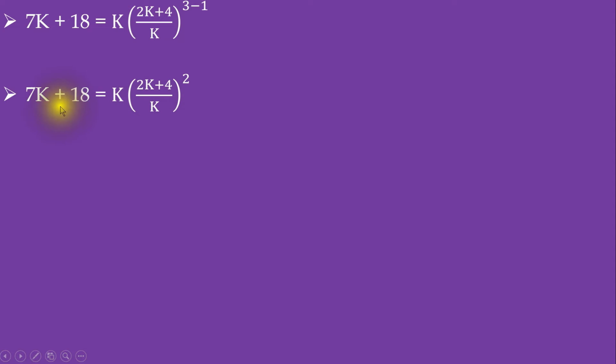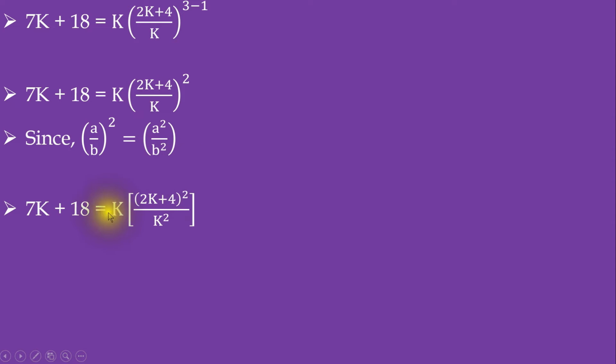In this RHS, 3 minus 1 is 2. So the next step will be 7k plus 18 is equal to k into 2k plus 4 whole divided by k whole square. We know that a by b whole square is a square divided by b square. So similarly, 2k plus 4 whole divided by k whole square will be 2k plus 4 whole square divided by k square.